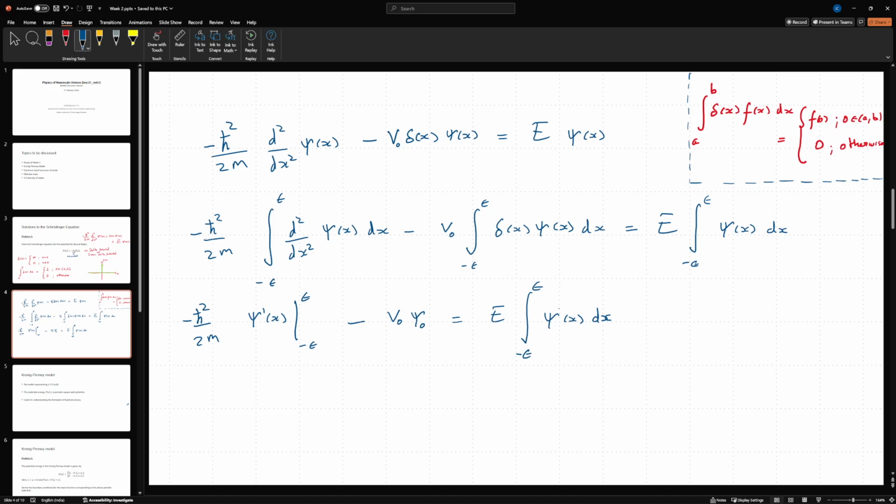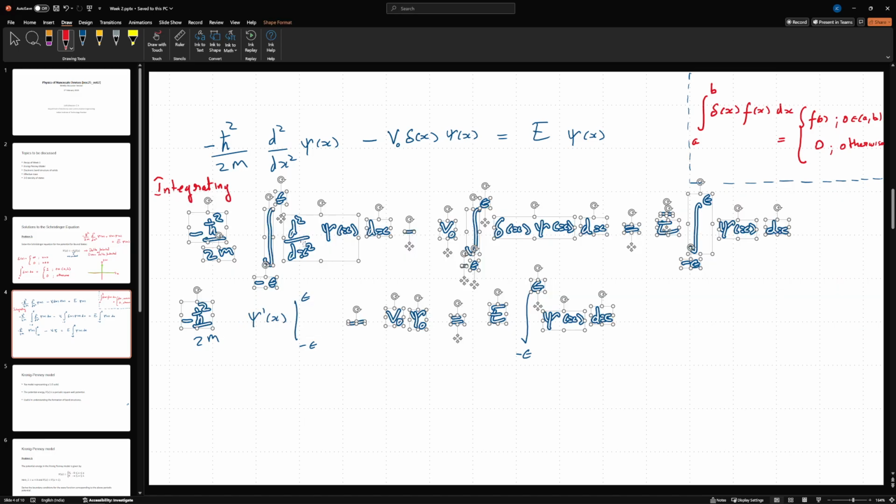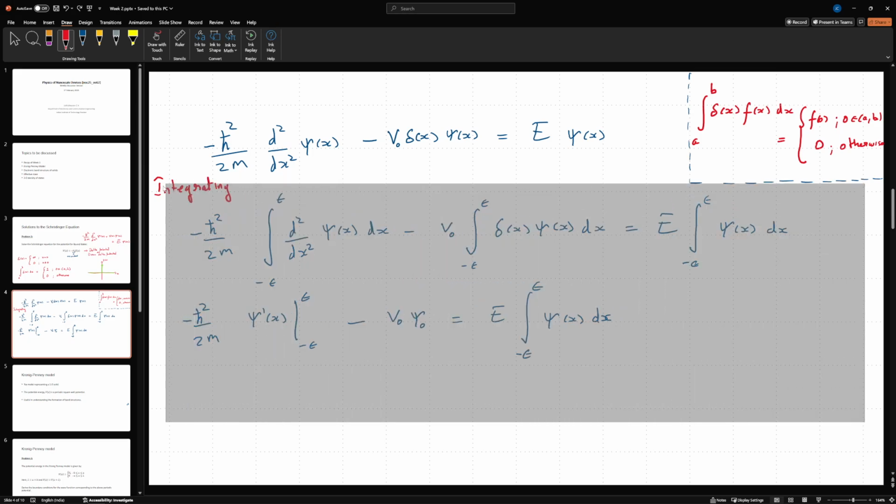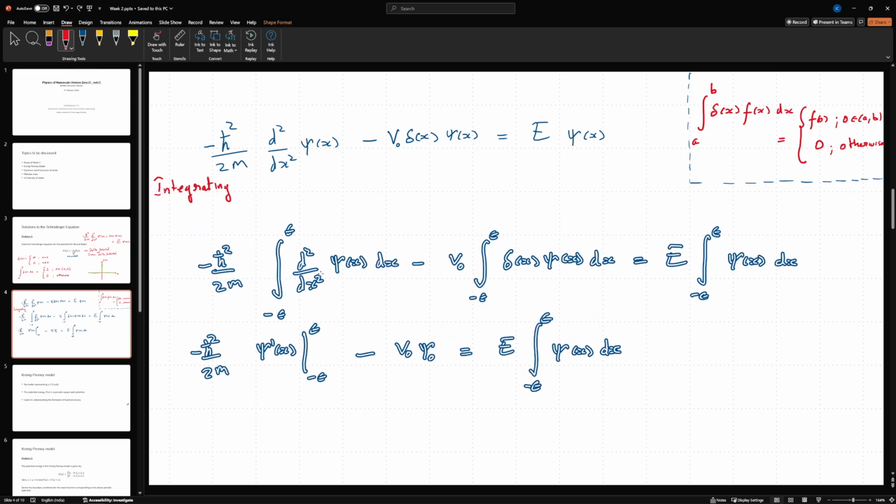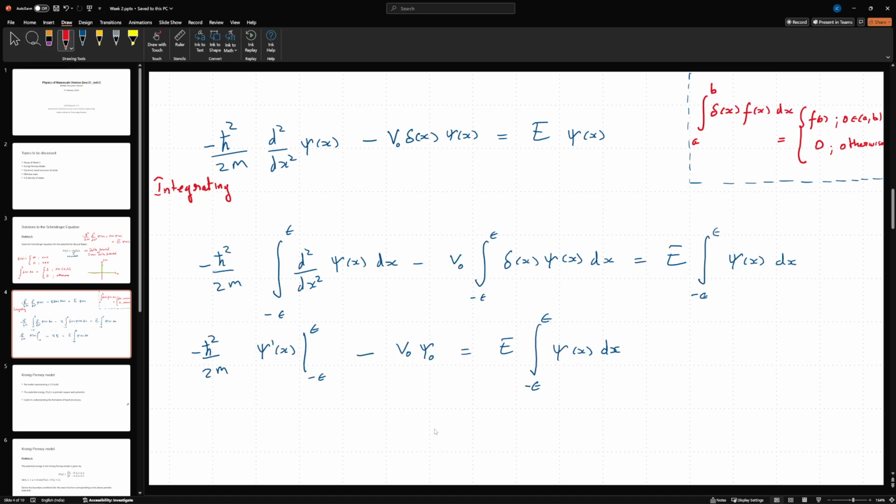Now, what we can do is consider the limit where epsilon tends to 0. Essentially, I'm integrating both sides, the LHS and RHS.